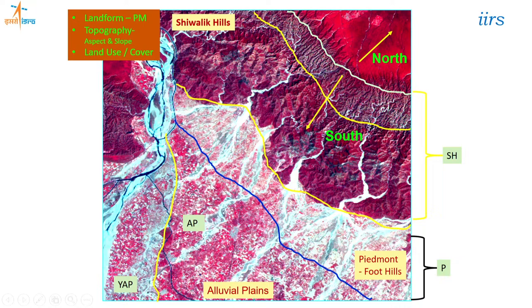So I can identify the various landforms or geomorphology with the help of satellite data, and I can divide them based on the topography, and at the third level I have to see the land use land cover. So soil changes largely because of the landform, followed by topography, then land use land cover.